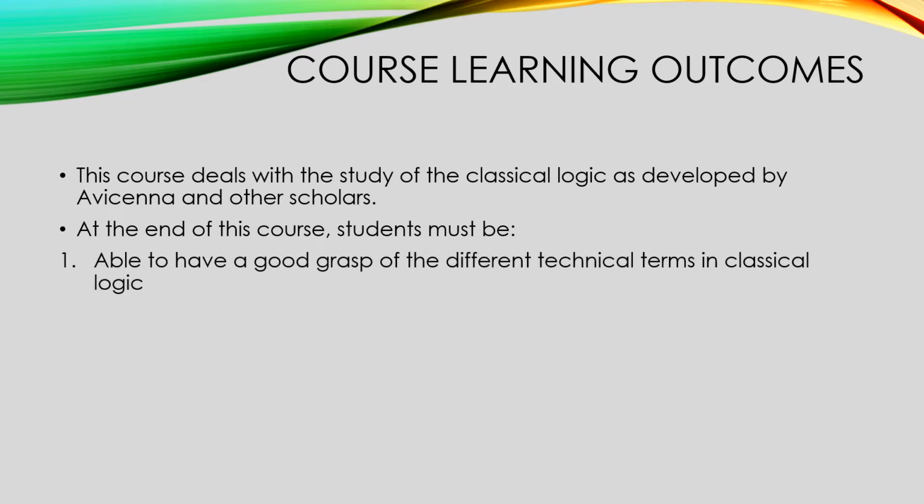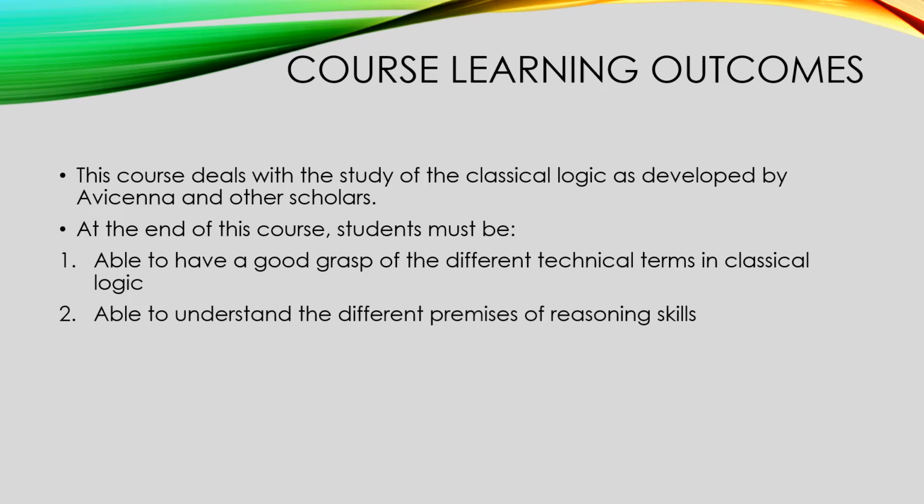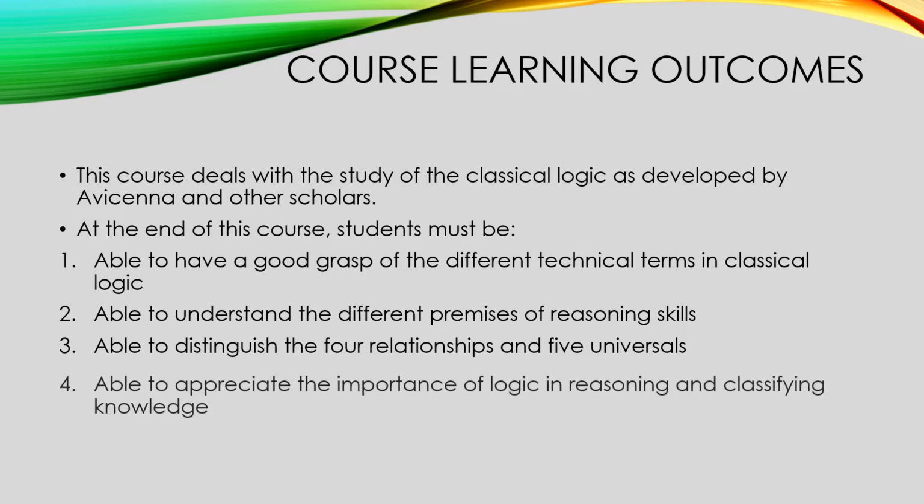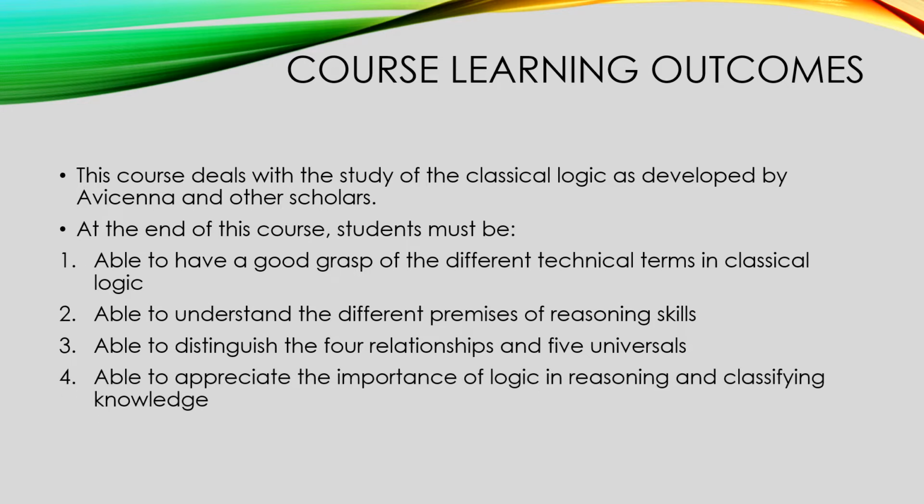Able to have a good grasp of the different technical terms in classical logic or Mantiq. 2. Able to understand the different premises of reasoning skills. 3. Able to distinguish the 4 relationships and 5 universals. And number 4, able to appreciate the importance of logic in reasoning and classifying knowledge.